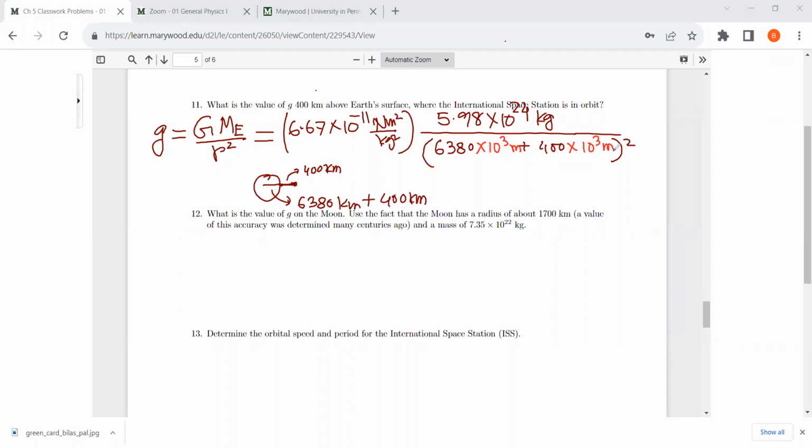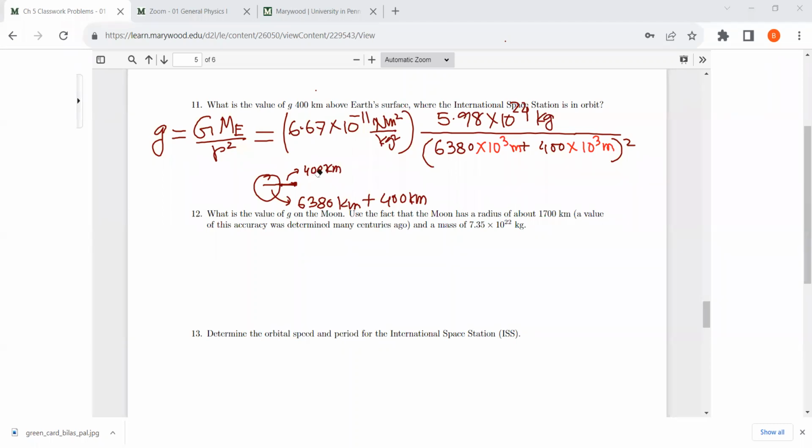So try to understand how we did this. Kilometer to meter: 1 kilometer means 10 to the power 3 meter, or 1000 meters. So we have to multiply by 1000, or 10 to the power 3, to convert from kilometer to meter. And then you see we have a square here.